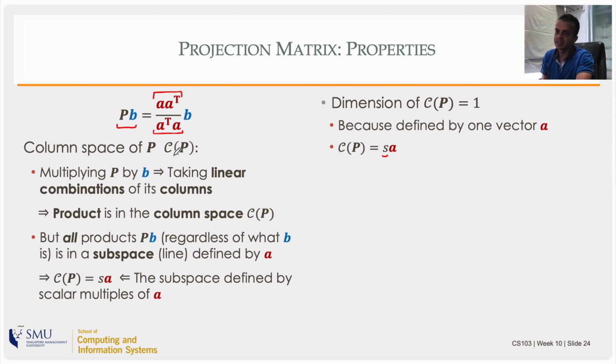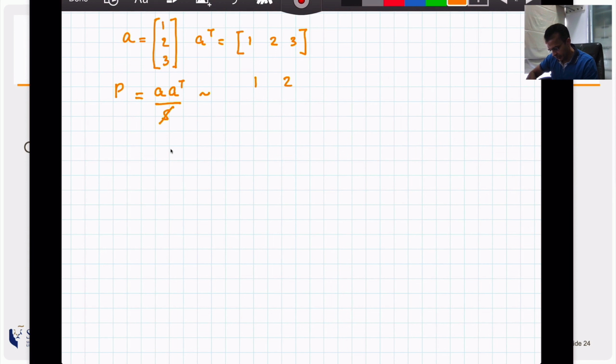You can see it by looking at the matrix. I started with an A as an example: 1, 2, 3, remember? And I had A transpose, which was 1, 2, 3. Then A A transpose is the numerator of P, divided by some S. So ignore the S for now. So this is like 1, 2, 3, 2, 4, 6, 3, 6, 9.